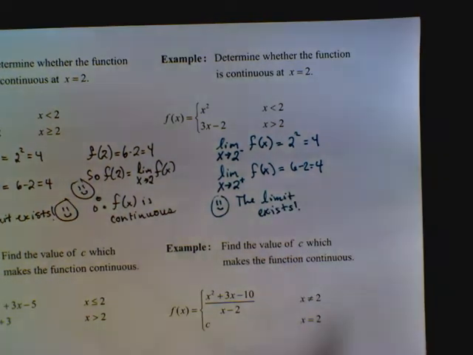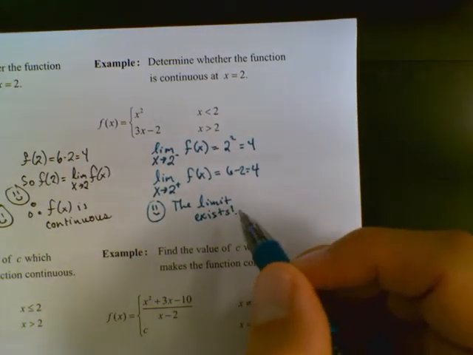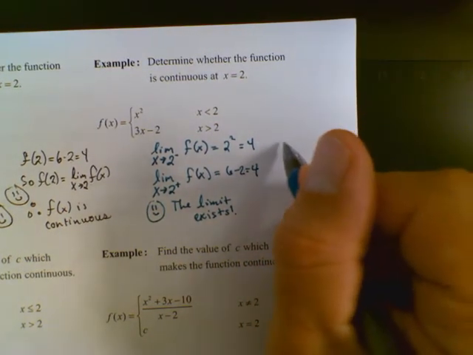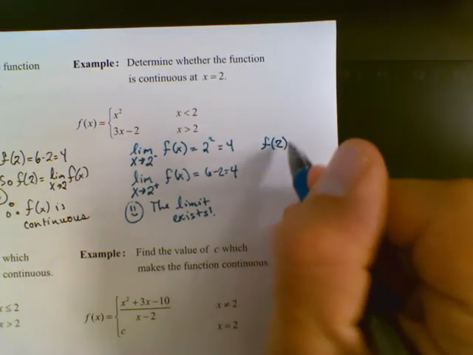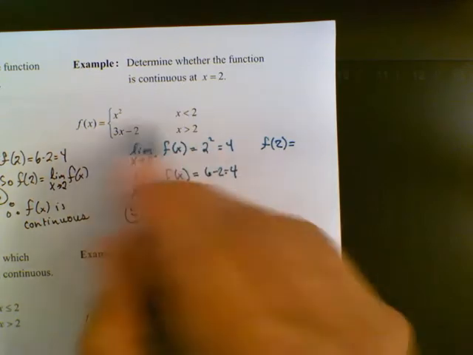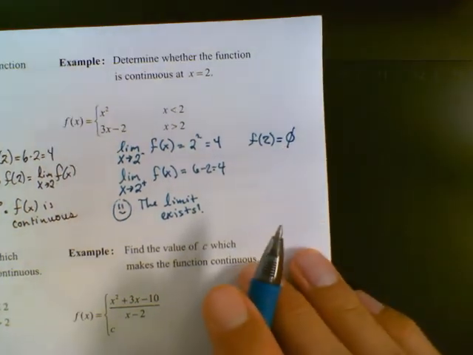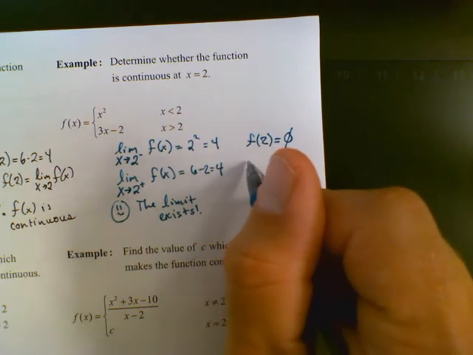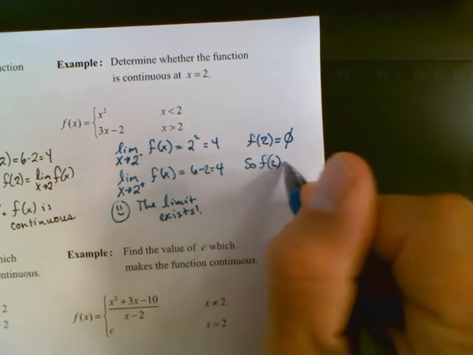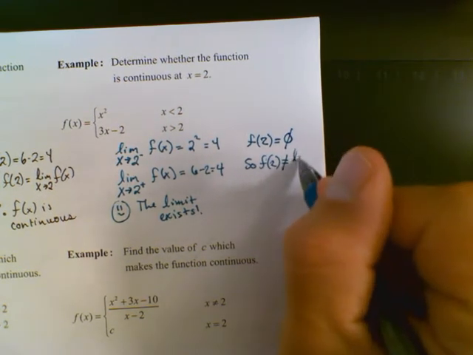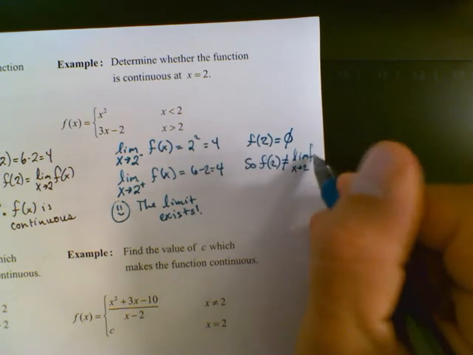All right? The issue arises when we go to check the next piece. When we go to check the next piece, we're getting f of 2. We go to substitute in 2, and it's not defined. So therefore, f of 2 is not equal to the limit value as x approaches 2 of the function.